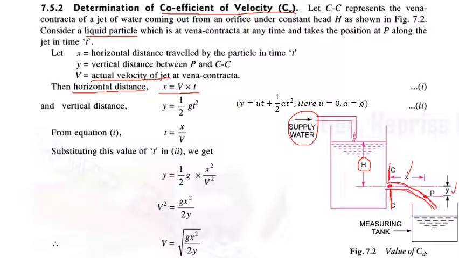The vertical distance y is given by half into g into t square, where g is acceleration due to gravity. From equation 1 we obtain t is equal to x by v. Substituting this value in equation 2, we get y is equal to half g into x square by v square. So finally we get v is equal to square root of g x square divided by 2y.